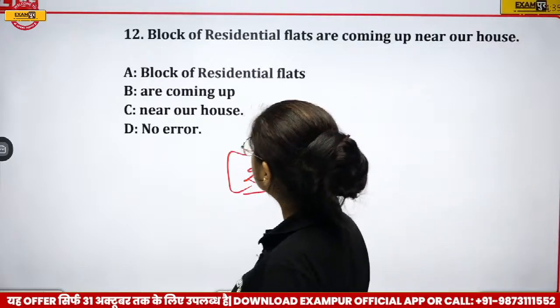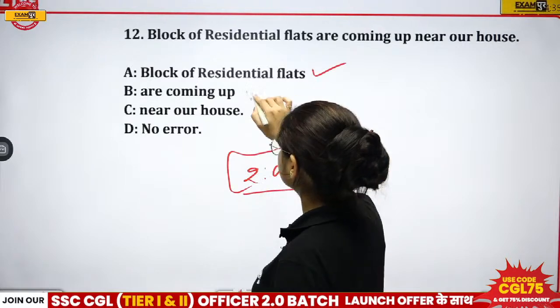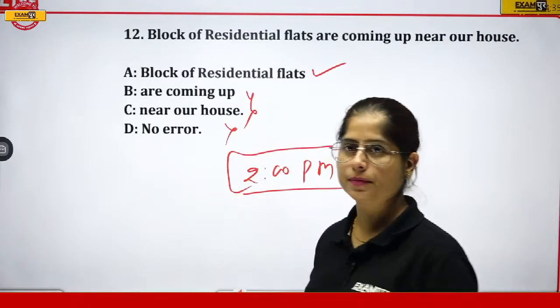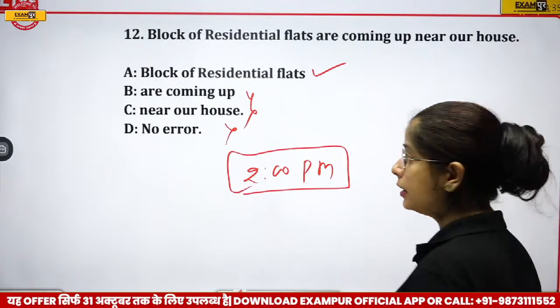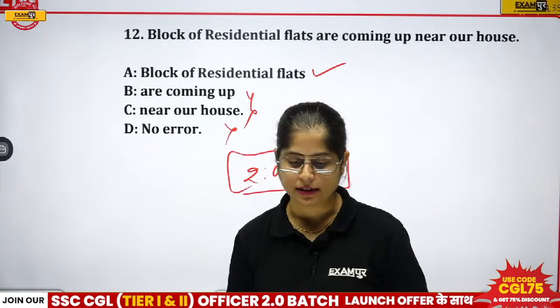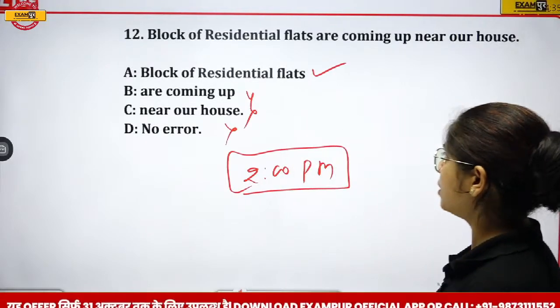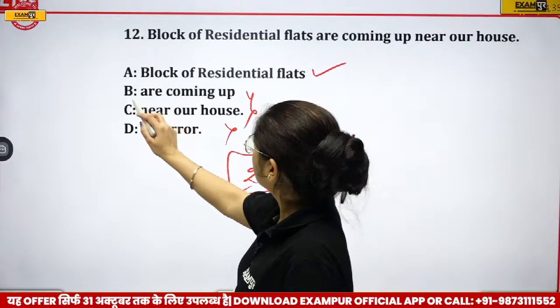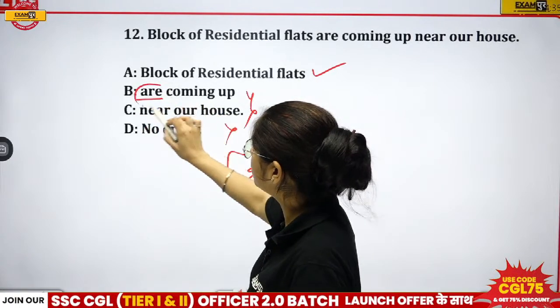Block of residential flat. Okay, agreed. A has the error, but what is the error? No, B doesn't have any error. The error lies in part A, and that is what? We're talking about something plural, isn't it? So here we have used the word are.